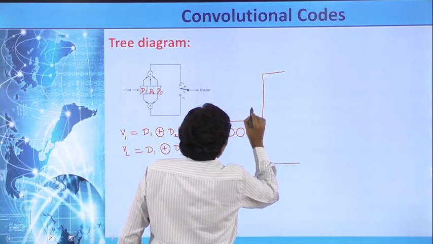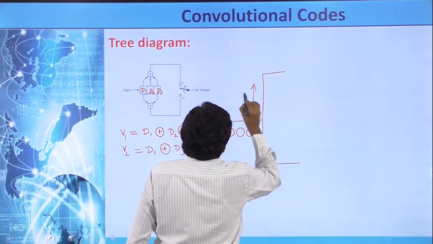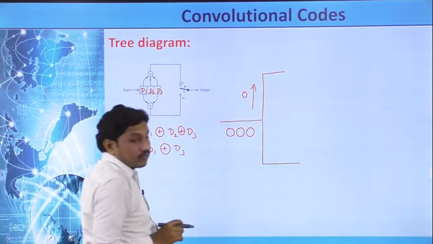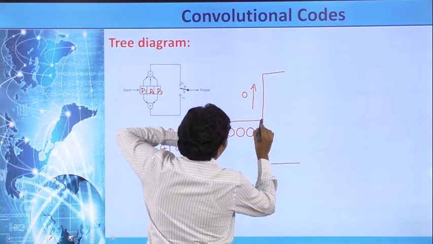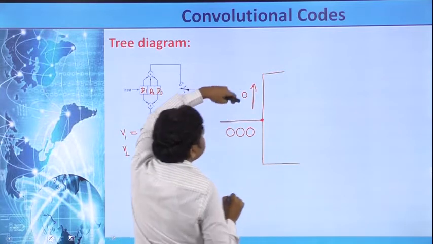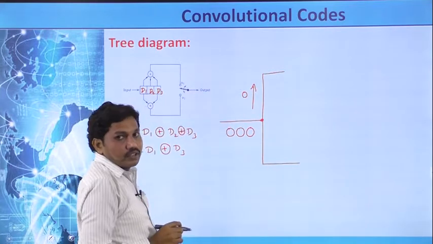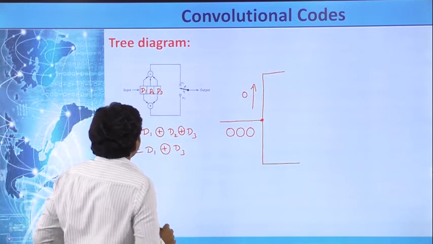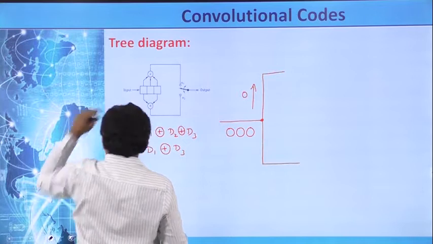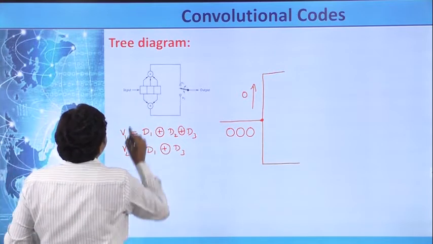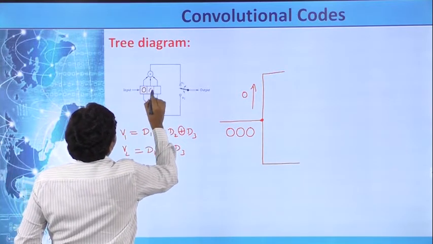If you move in the upward direction, binary 0 is the input. Moving from this node in the upward direction represents 0 as the input. We already assumed the bits in the shift register are all zeros.